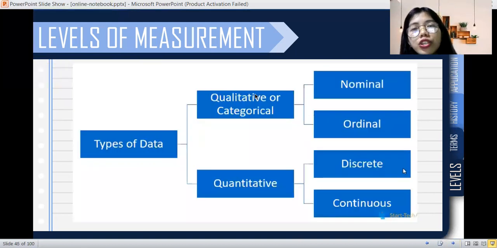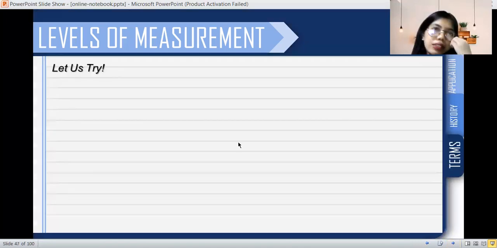Here's a chart. We have the types of data, qualitative or categorical, and quantitative. Under qualitative, it is divided into two, nominal and ordinal, and under quantitative, interval and ratio. Okay? Let us try again to answer this one.